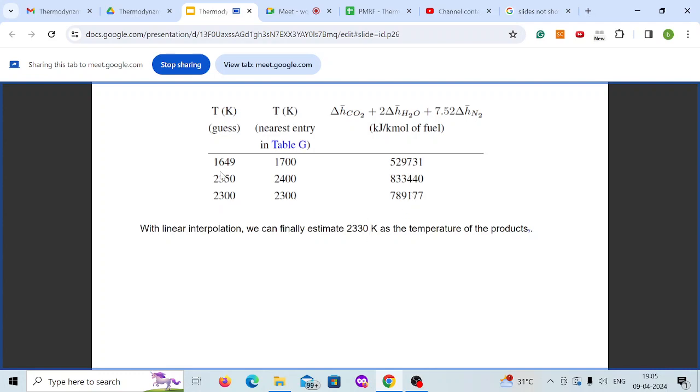So your temperature will also lie between 2350 and 2300. Now you can do an interpolation and find out the temperature. If you do an interpolation, you will see your temperature is 2330 Kelvin. So your product will be at 2330 Kelvin.